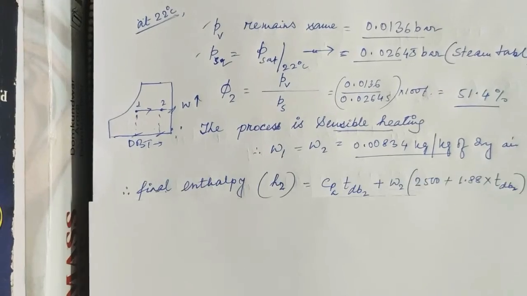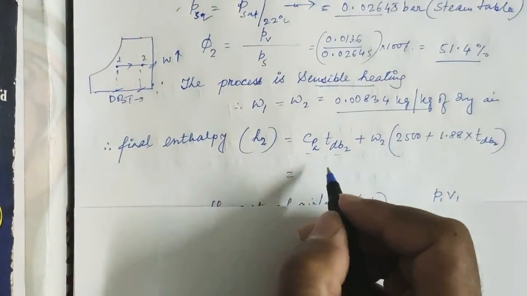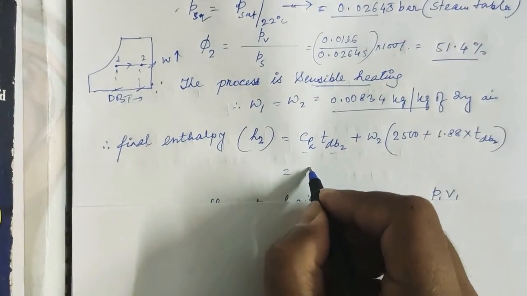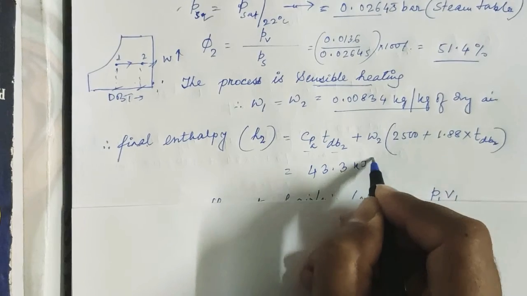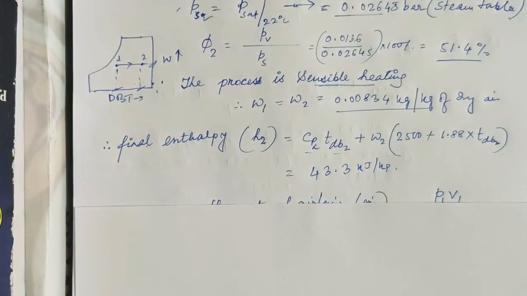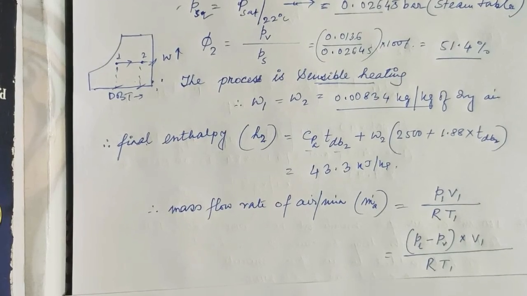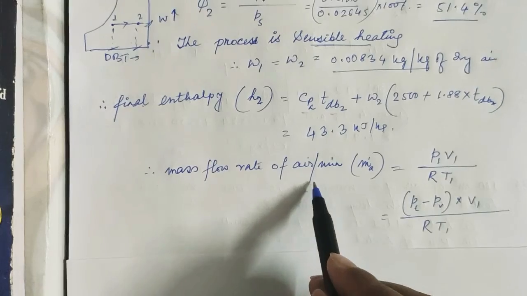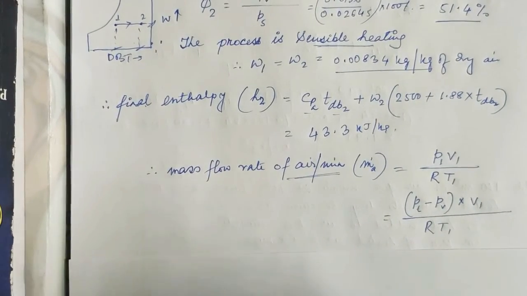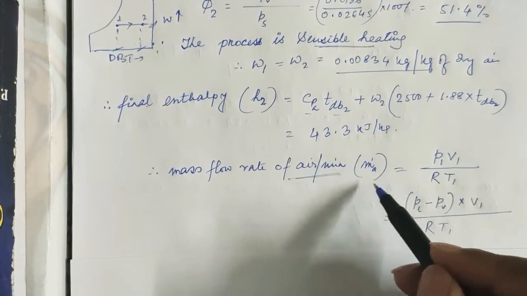So what will be the final enthalpy? If we put all those values over here, the final enthalpy will be 43.3 kilojoule per kg. So what will be the sensible heat added per minute? For that you have to calculate the mass flow rate of air. If we consider air to be an ideal gas, from the ideal gas equation, PV equal to mRT, m will be PV by RT.